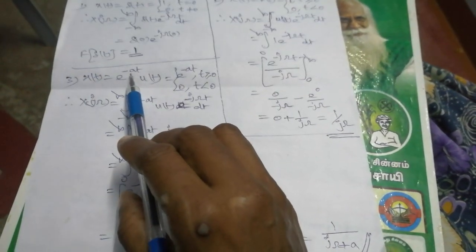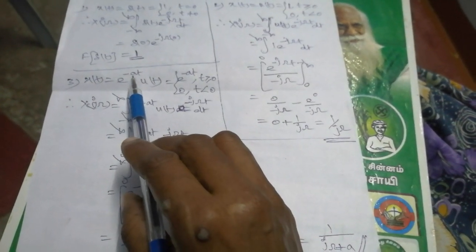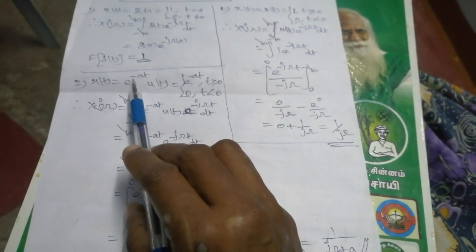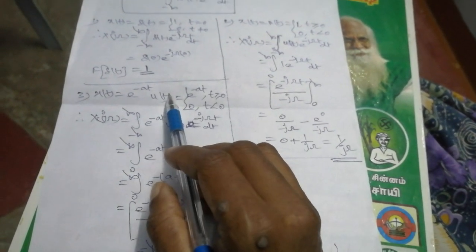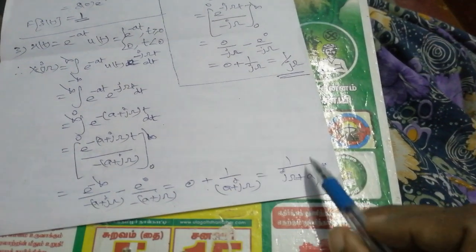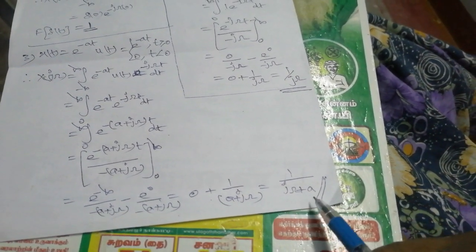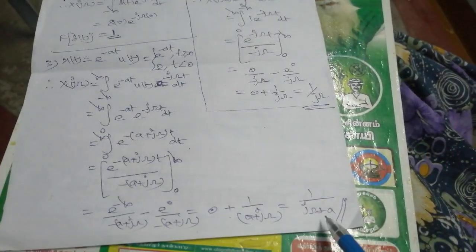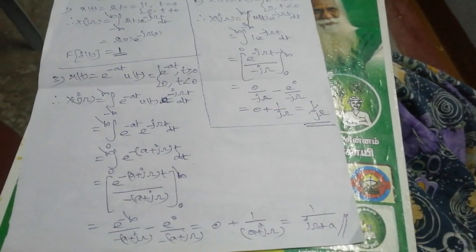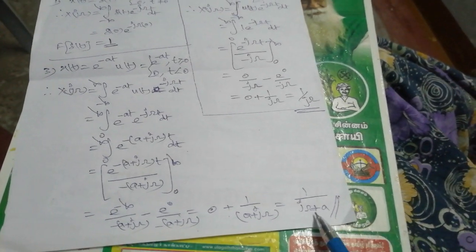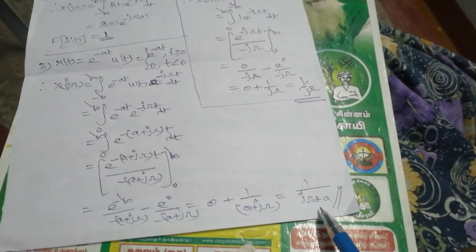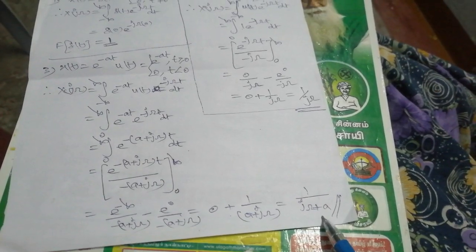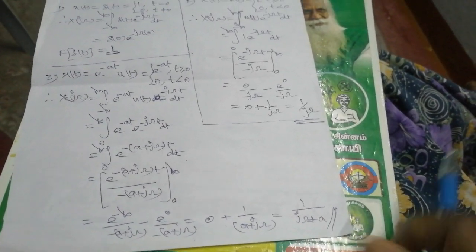If instead of a we have minus 2, so that it becomes e power plus 2t into u of t, the answer should be 1 by j omega minus 2. So you should keep this in your mind, otherwise we can make the complete calculation also. So this is the answer for the Fourier transformation of e power minus at u of t.